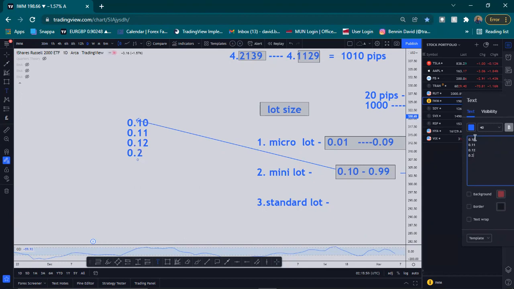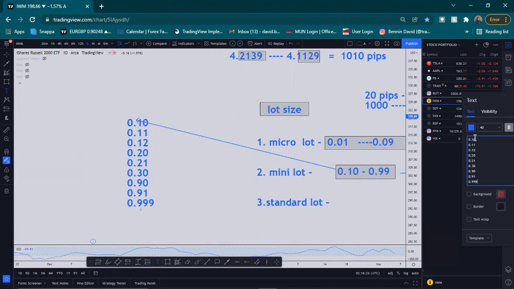So 0.20, you have 0.21, 0.22, 0.23, you go to 0.30, 0.31, 0.32, 0.35, 0.36, 0.37, then you go to 0.4, 0.41, 0.44, then all the way to 0.9, you have 0.90, 0.91, all the way to the final one, 0.99.